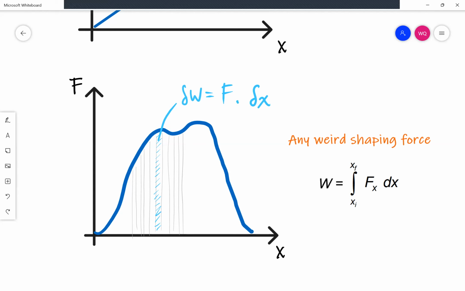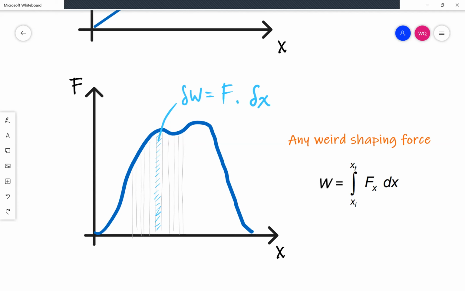So what is the work? It'll be the force, which is a constant value, times the small displacement, and that's a small work. If you want to find the total work, you have to sum it all up across all the strips here. And summing up in this manner is called integration.